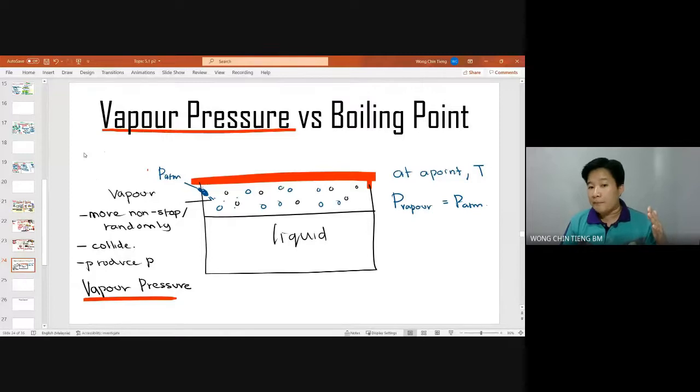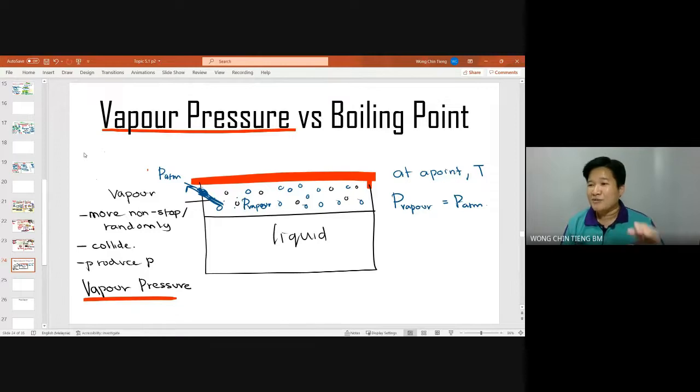When the vapor that produced inside is much higher, you will have a much higher vapor pressure. And when you have a much higher vapor pressure, dia akan boleh lawan dengan atmospheric pressure. Dan bila boleh lawan dengan atmospheric pressure, dia akan tolak loceng tu dan berbunyi. Suddenly think like you are so smart, right?